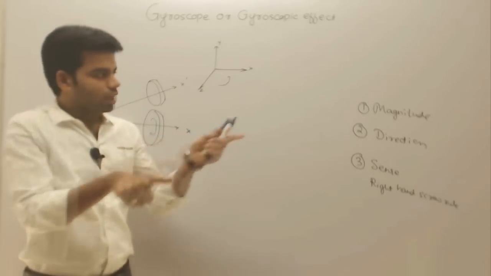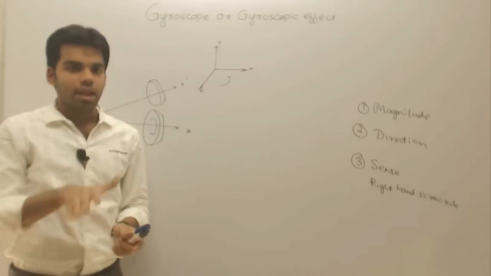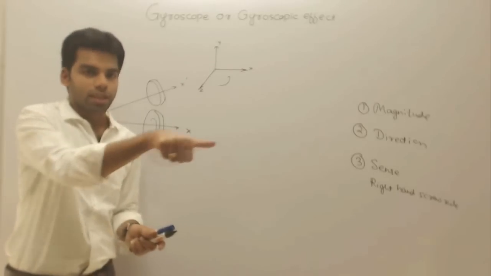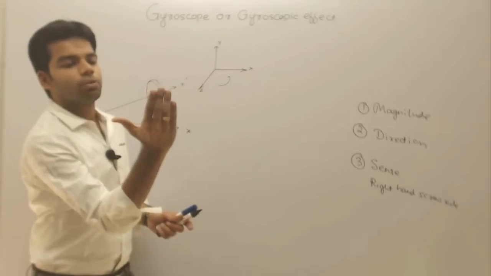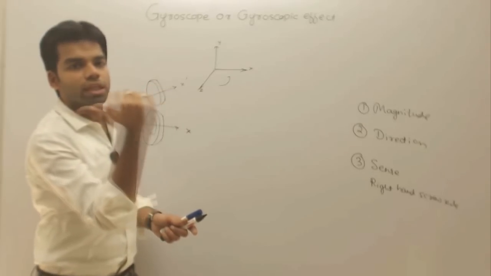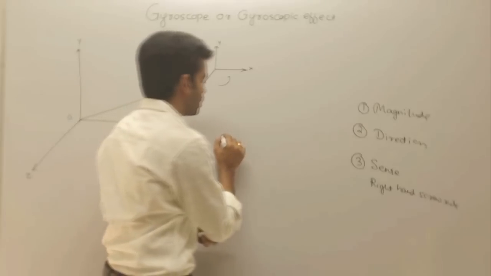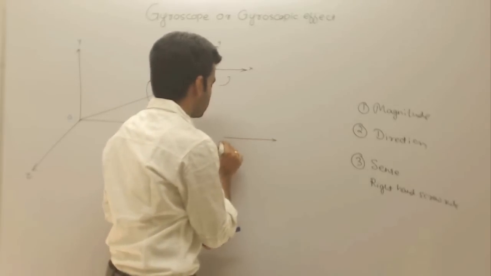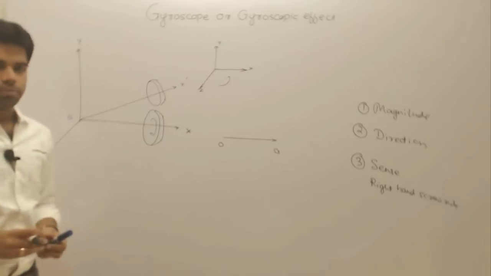Getting this or not? So we have the magnitude, we have the direction which is along this x-axis, and we have the sense along this direction. If this is rotating anti-clockwise, then I have to curl this in an anti-clockwise direction, and this will give me the sense. So I have the sense, the magnitude and the direction, so I can plot the angular velocity vector. Let that angular velocity vector be OA.